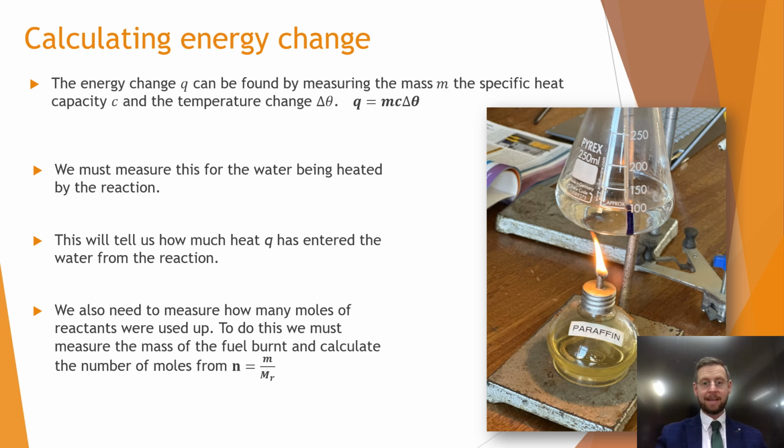The difference is the sample mass, or the amount of paraffin that has physically burned. Dividing this by the molar mass of paraffin gives us the number of moles of paraffin. And then finally we need to divide the total amount of heat, Q, by the number of moles, and this will give us the enthalpy change.